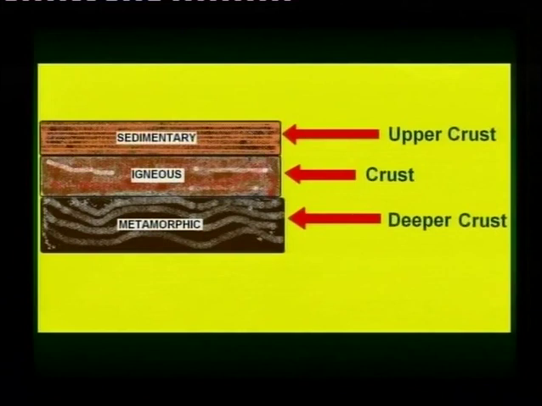There you have the sedimentary, the igneous, and the metamorphic rock in those layers. Now, if you label the crusts, then you would have the upper crust, the crust, and the deeper crust. So your diagram should look something like this when you draw that down.